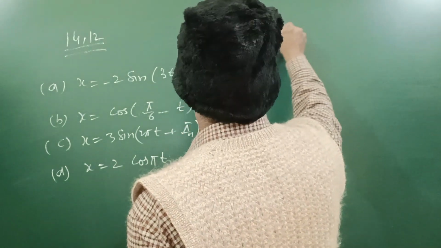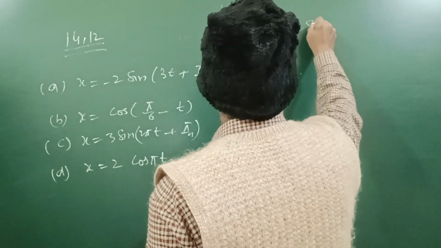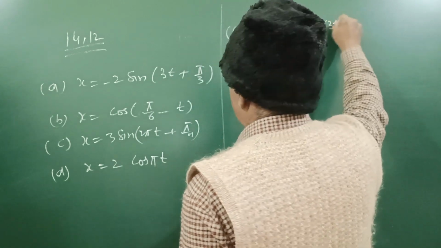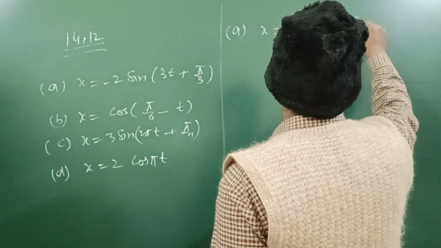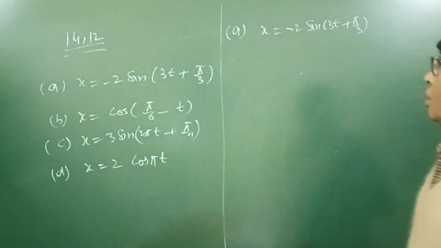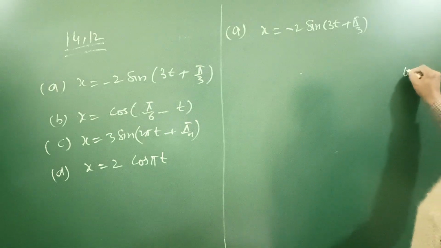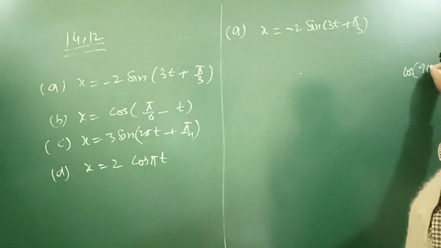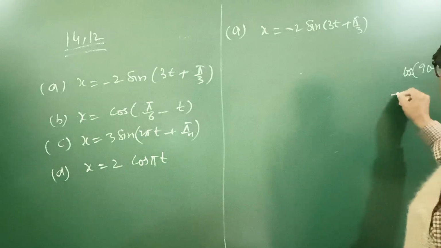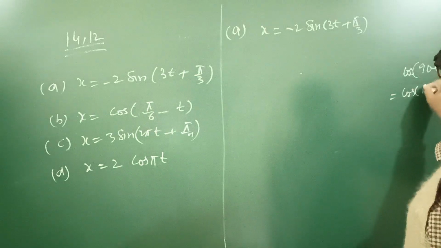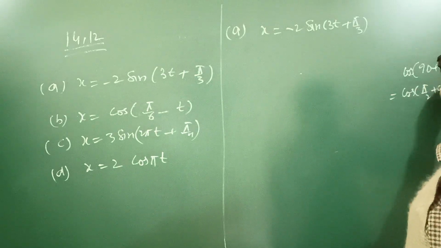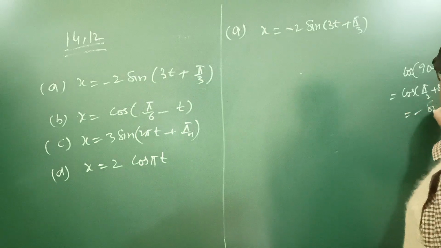So here I take a part, x equal to minus 2 sin 3t plus pi by 3. You know cos 90 plus theta, cos pi by 2 plus theta, is minus sin theta.